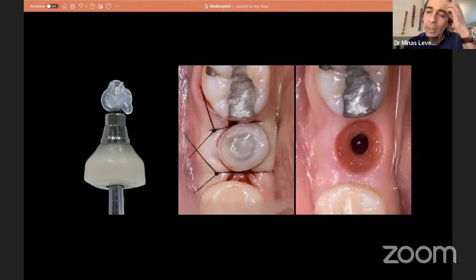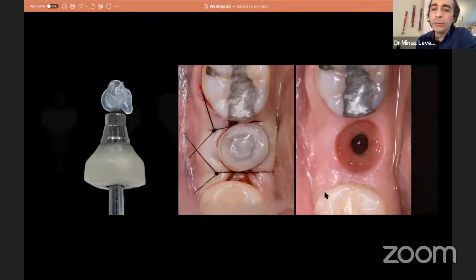I just remove my abutment, and we have managed in quite a challenging but everyday case to regenerate very good bone, to place an implant, and to manage to reconstruct in an adequate way the topography of the soft tissues.